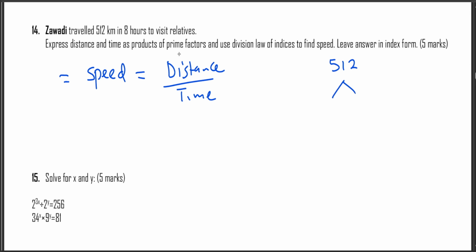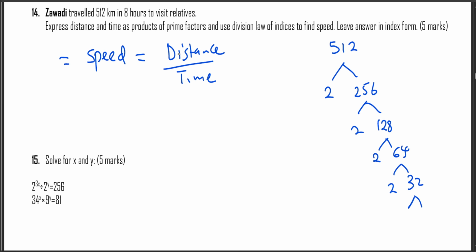So 512 as a product of prime factors. If you divide 512 by 2, it's going to give you 256. Divide by 2 again, 128. Divide by 2 again, 64. Divide by 2, 32. Divide by 2, 16.